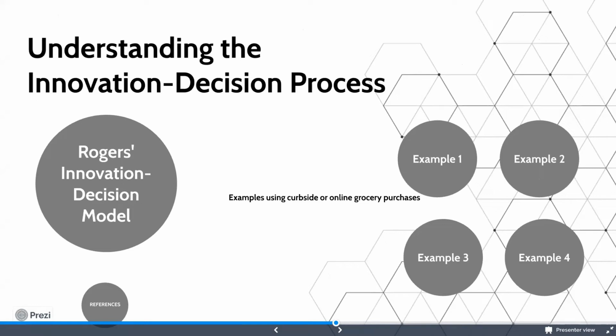So I have 4 individuals, each of which is going to move through the innovation decision model proposed in Rogers, all around the same innovation, curbside or online grocery orders. But each person, because they're individuals, and they're each influenced by different prior conditions or different types of knowledge characteristics, is going to move through those steps a little differently.